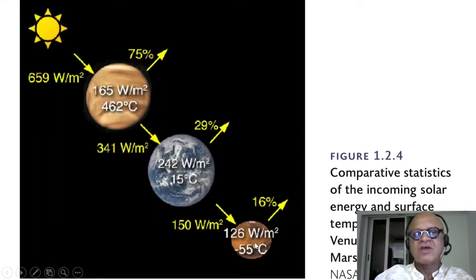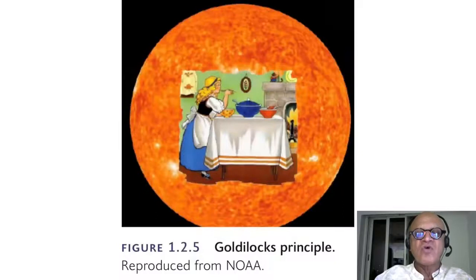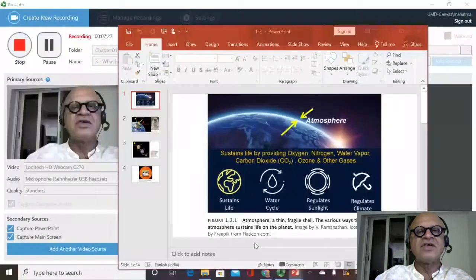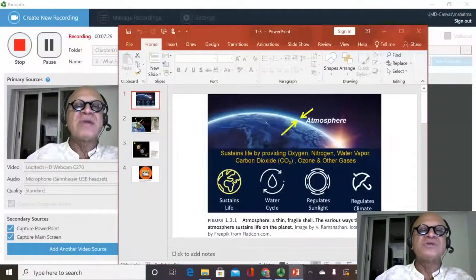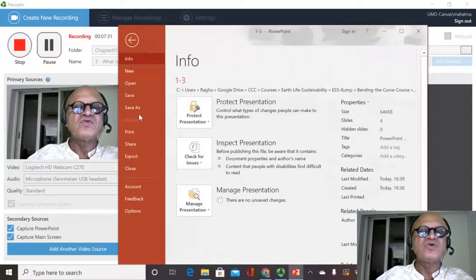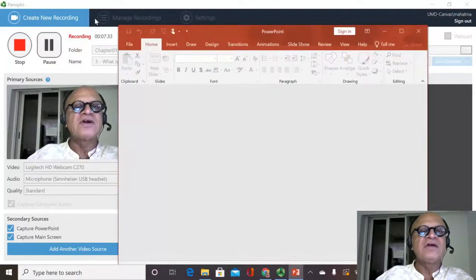Okay, so that's how you understand the so-called Goldilocks syndrome. The Goldilocks porridge needed temperatures that were not too hot, not too cold, and just perfect, right? So Earth in some ways right now has a perfect energy balance, as far as we know, to allow life in the current form.